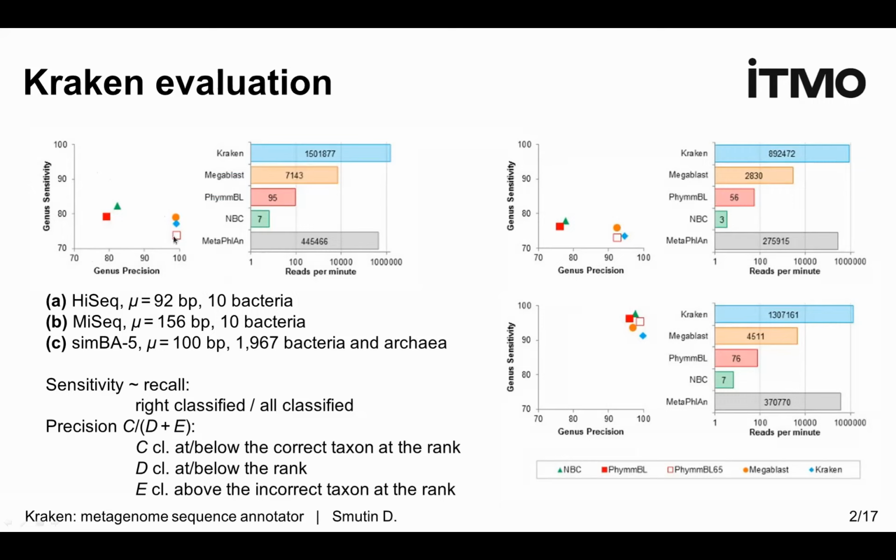We see that all these tools on a just generated metagenome predict less than 80% of all sequences correctly.